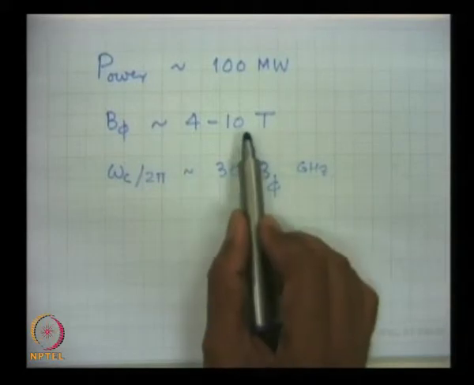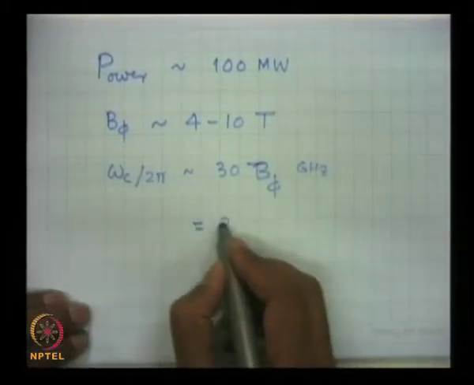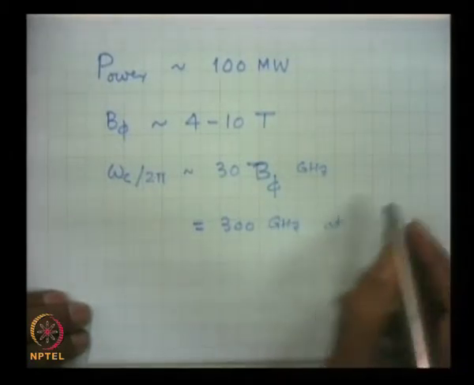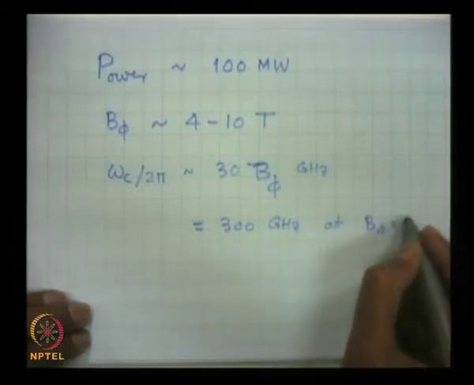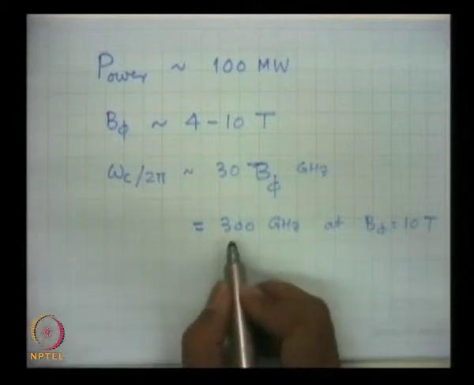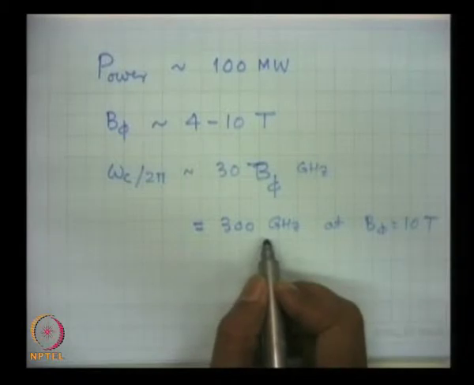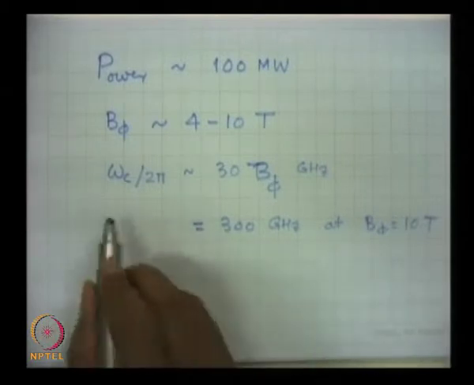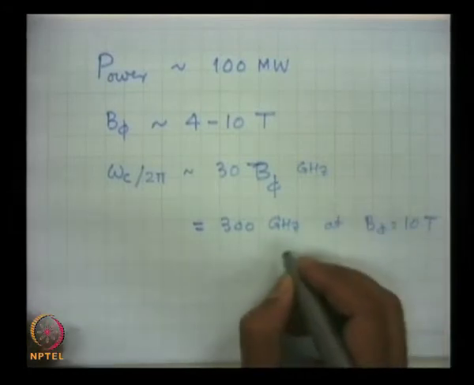And if we want to go to a 10 Tesla tokamak, with 10 Tesla magnetic field, then this will be 300 gigahertz, at B phi equal to 10 Tesla, which is a very high frequency, like 0.3 terahertz, and a device that can produce radio frequency power at this high frequency is primarily the free electron laser.